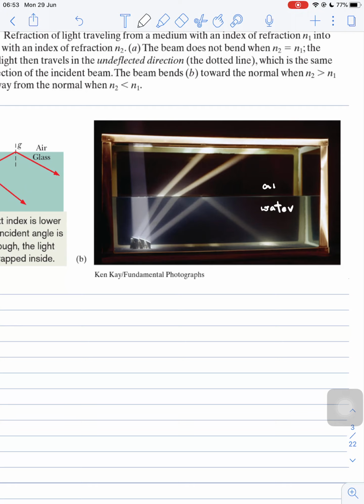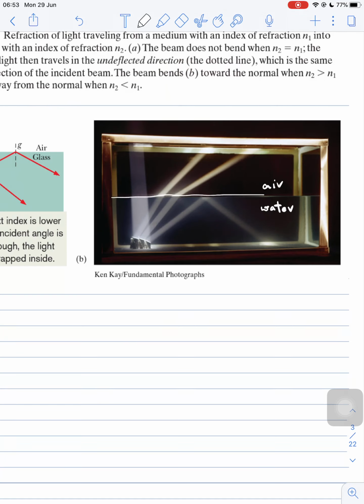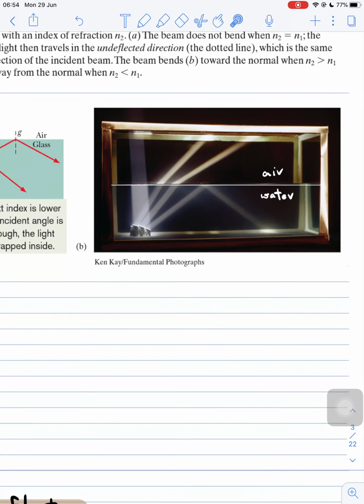This line is going to be the interface between the water and the air. For this light ray, you can see that the incident angle is quite small.